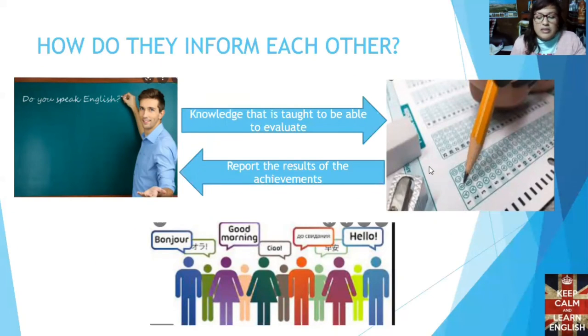While language assessment informs language teaching by providing the results of the tests, which allow making decisions about the results and achievements. All of this, obviously, with the purpose of acquiring a foreign language efficiently.